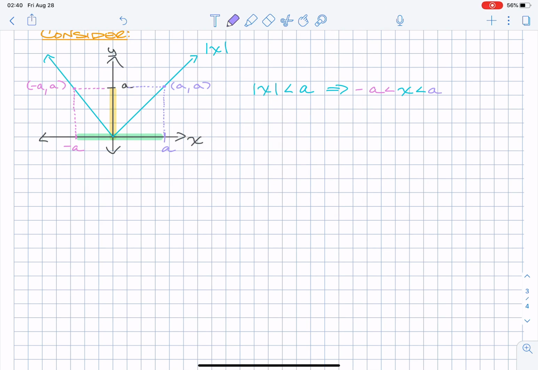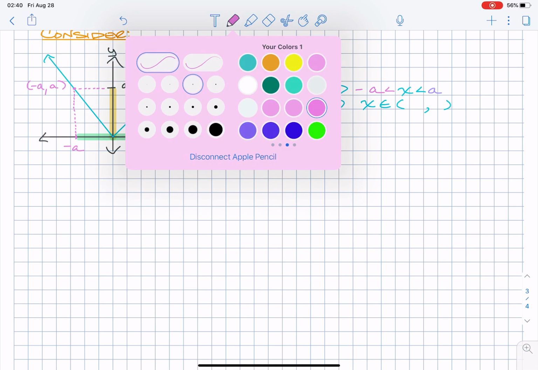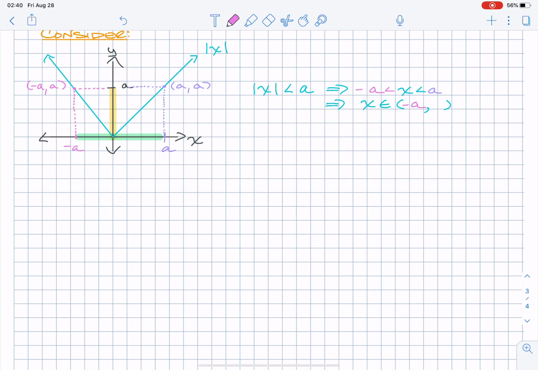Or a preferred way would be, this implies that x is an element of the interval from negative a to a, which is a more elegant notation, but either way is fine.